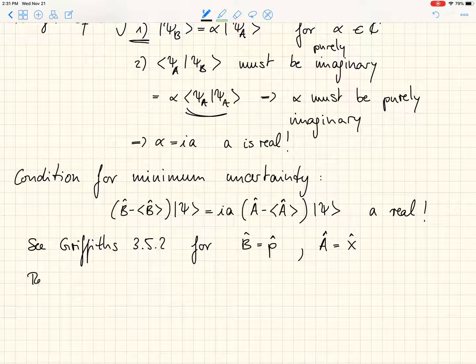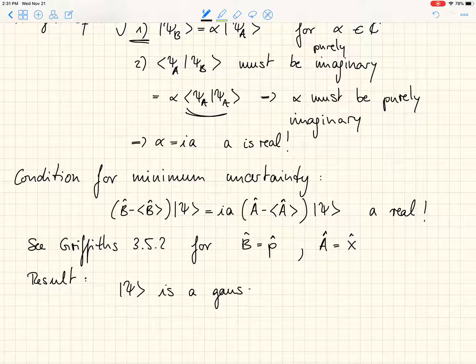And you'll see that the result is that psi is a Gaussian.